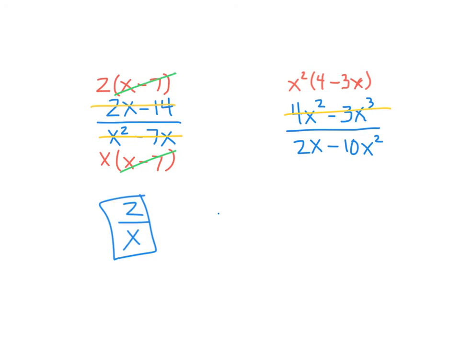Okay, in the denominator I can factor out, notice, a 2 and an x, and I'm left with a 1. Notice if I factor out 2 and an x, I am left with 1, because 2 divided by 2 is 1. And then we have minus, and we factor 2 out of the 10, which is 5. And we factor an x out of this x squared here, so we're left with an x.